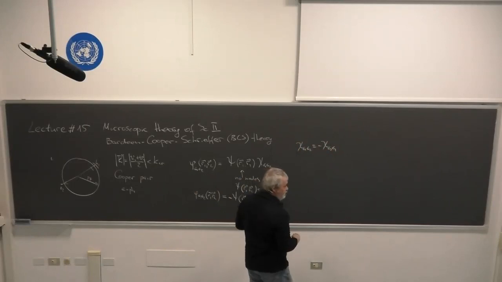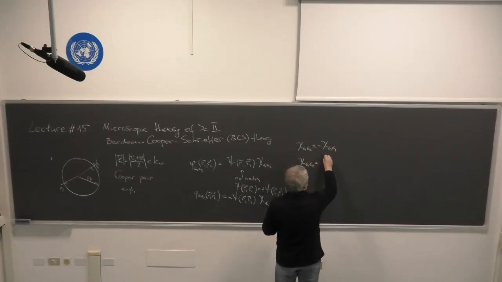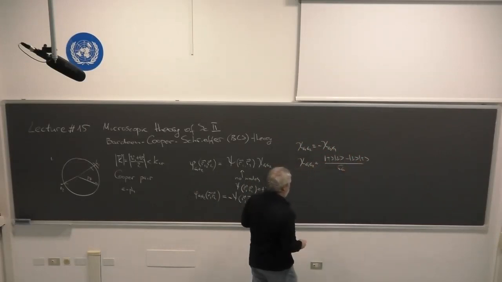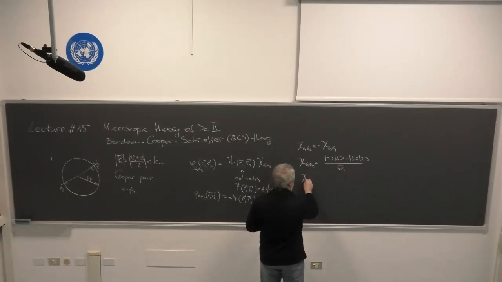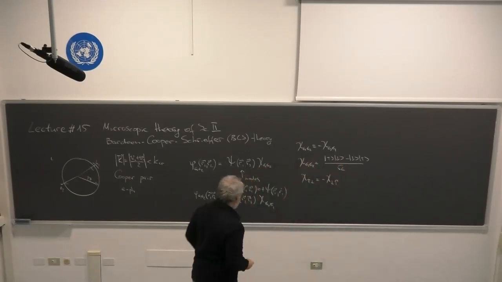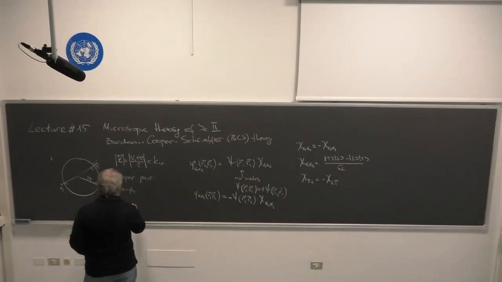Explicitly, in the basis up down, chi can be written as (up down minus down up) with normalizing factor 1 over square root of 2. So indeed, you see that chi(up, down) is equal to minus chi(down, up). So the Cooper pair is singlet.